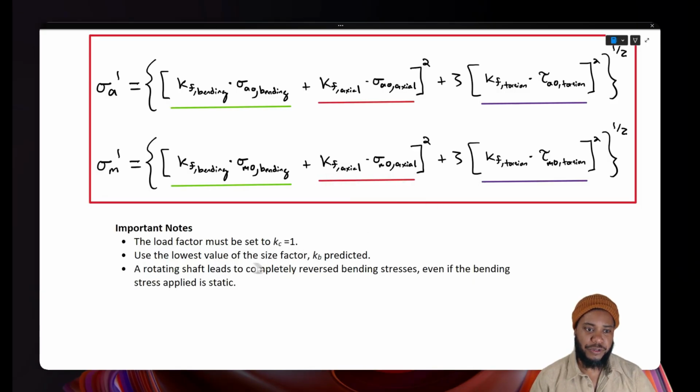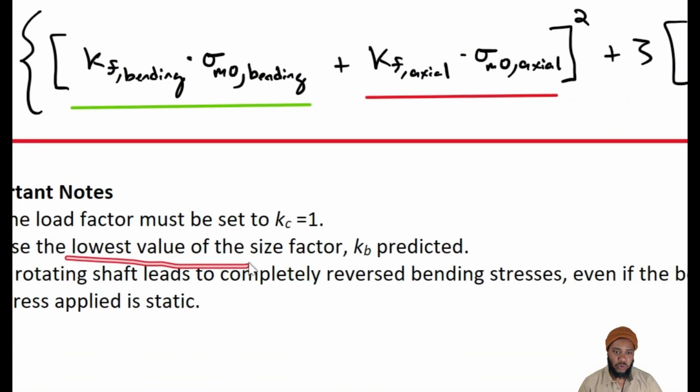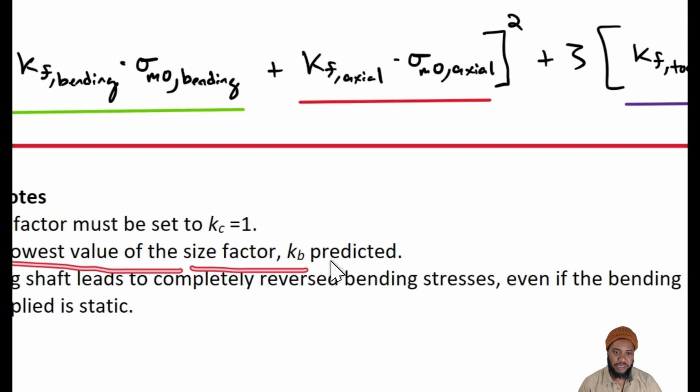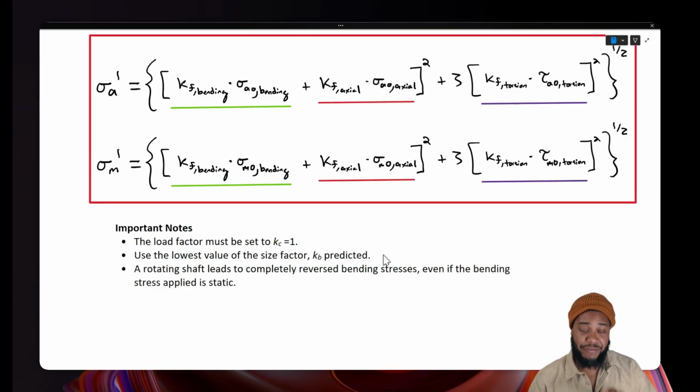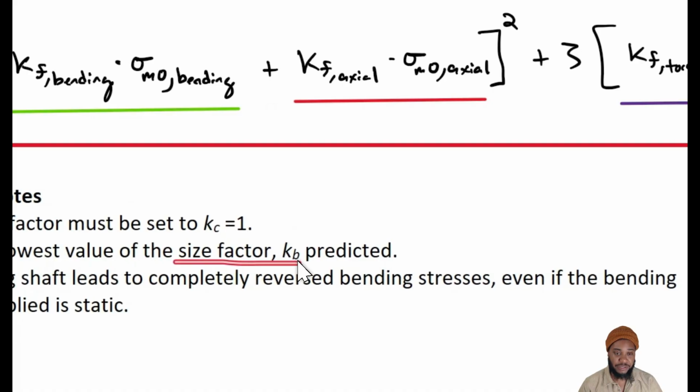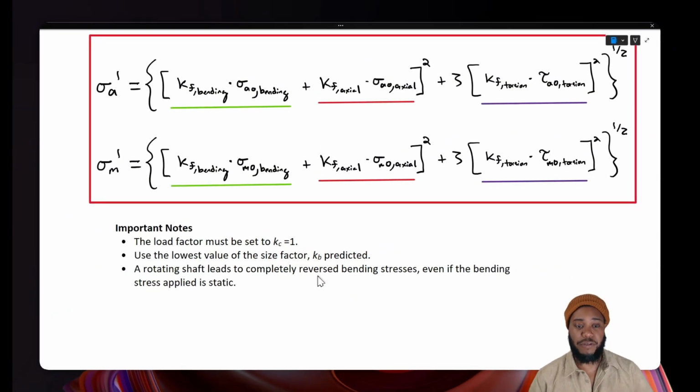Another important thing to note is that we should select the lowest size factor, kb, predicted for our shaft. And that's because our shaft can have different diameters along it as it transitions from large to small diameters and such. So we should select the smallest size factor, which gives us a conservative design for the entire shaft.